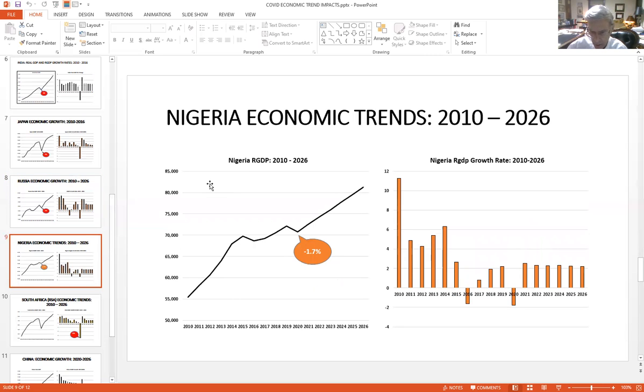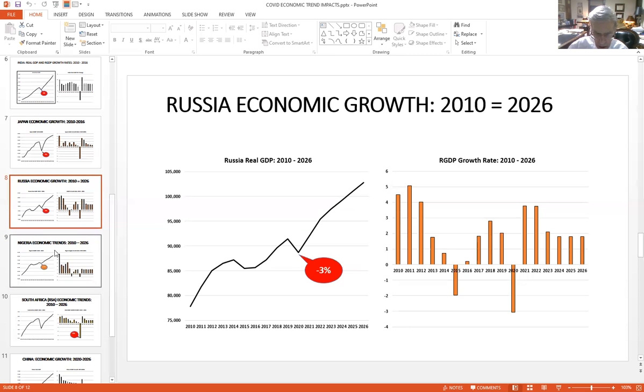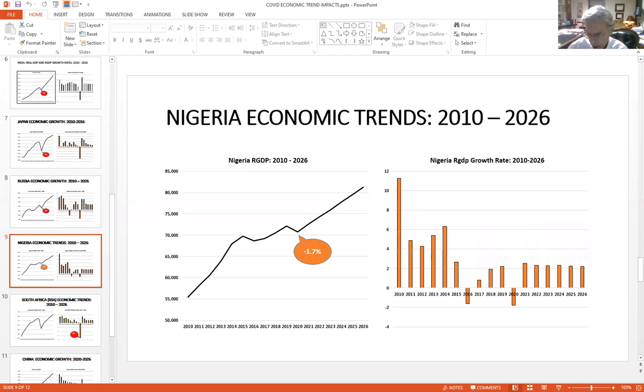Okay, here's another country that looks a lot like Russia, and it's Nigeria. And Nigeria, like Russia, is a major supplier of oil and petroleum products. And so it had the same experience that Russia did. And here we have a real question of reliability of the data.